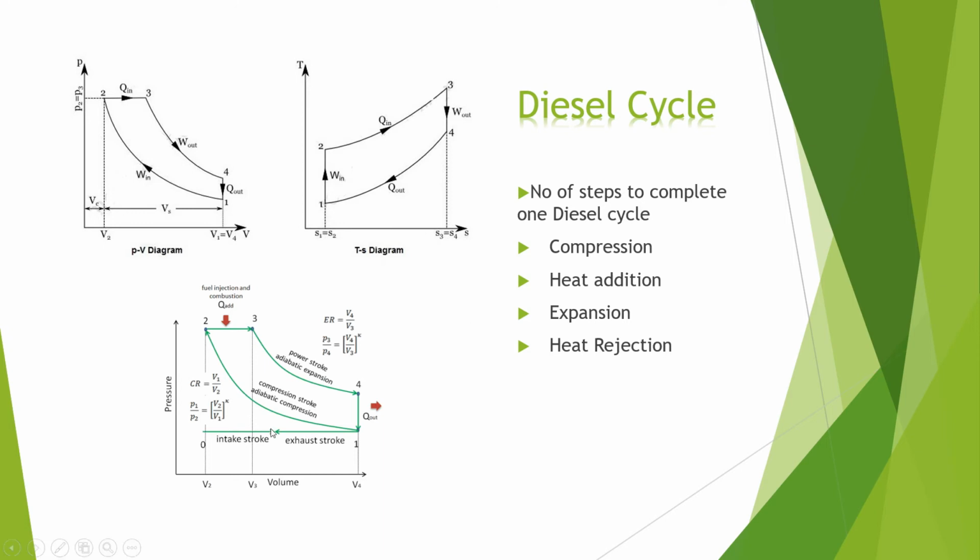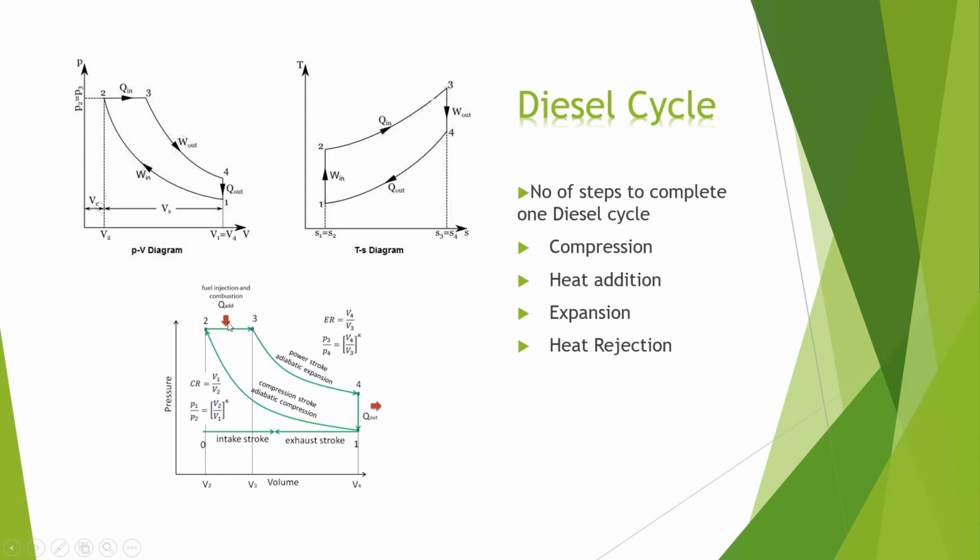Coming to diesel engines, initially in the intake stroke, air is sucked into the cylinder, and the air is compressed adiabatically. Then the fuel is injected in atomized state into the cylinder, so the combustion takes place. That is similar to the heat addition process.